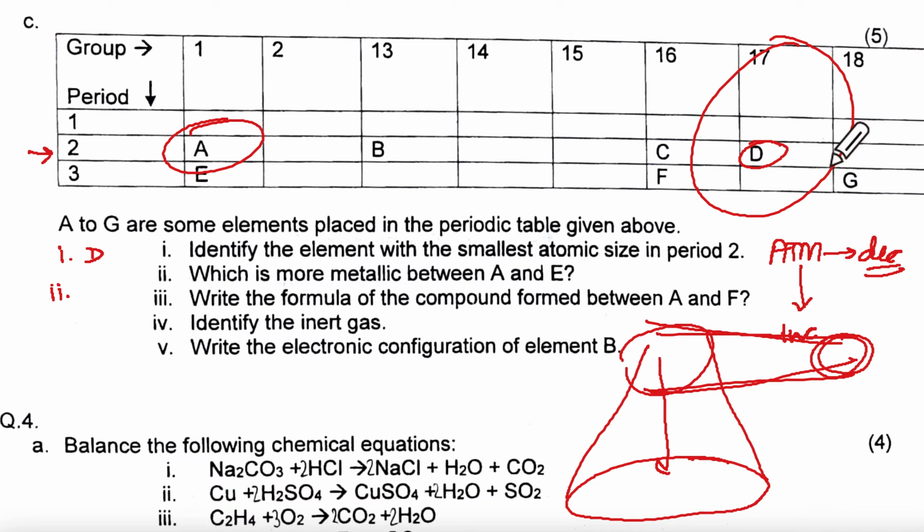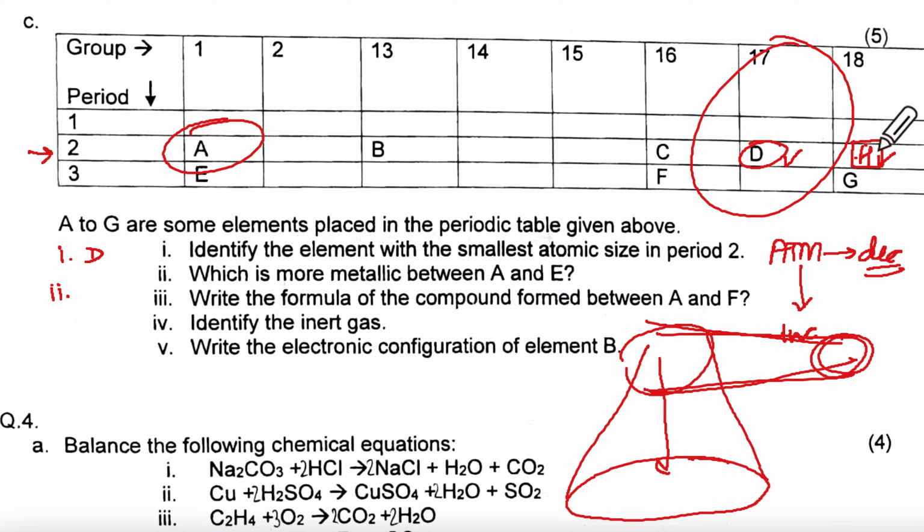Okay. Now supposing there was F, G, H. Supposing there was H over here. The size of D and size of H. Which one would be bigger?